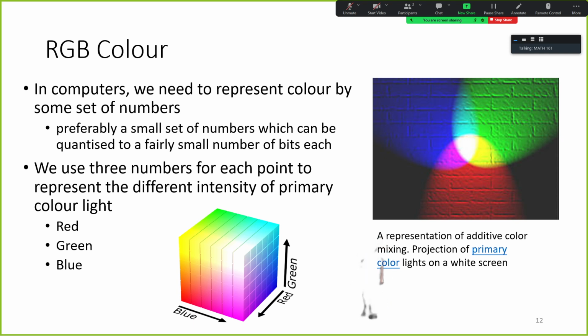But this is what we call additive colour. So when I'm shining colour onto something, then we're adding colours together, and that's red, green, and blue add together to give white. When you paint something, you're technically removing colour because white shines on it, and only one kind of colour comes off it.